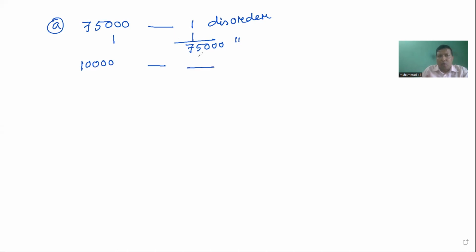So it will be 10,000 divided by 75,000. If we cancel, we'll get 2 by 15. So 2 by 15 will be our new lambda. So Poisson distribution, Po(2 by 15). Okay, this is lambda.